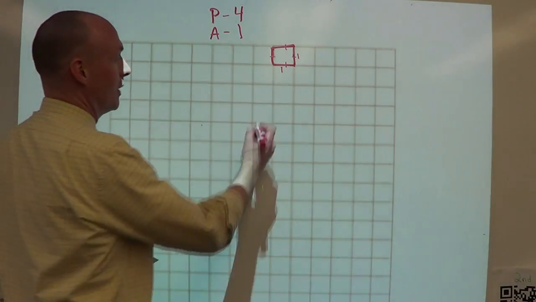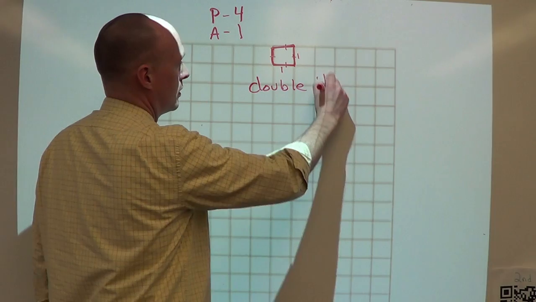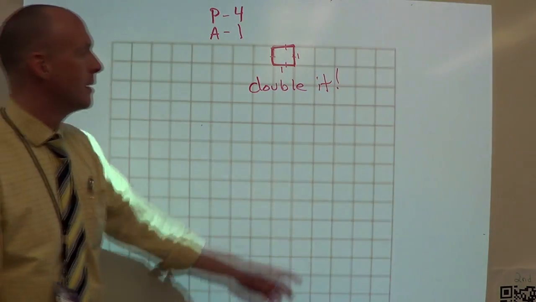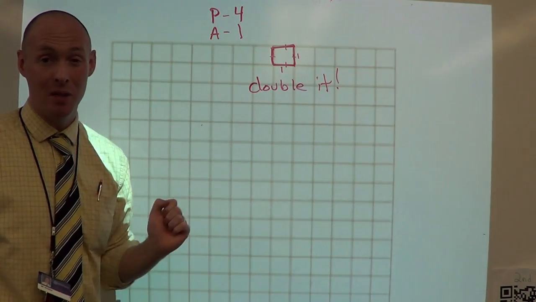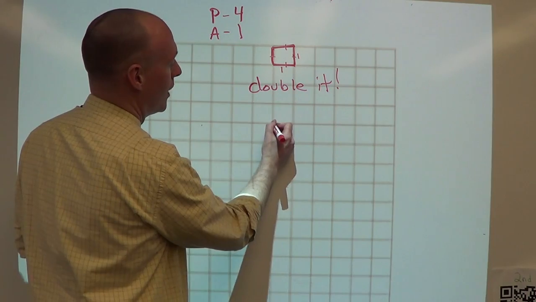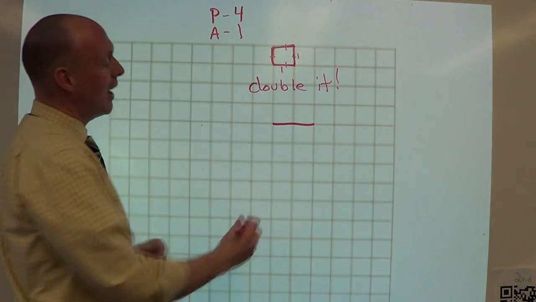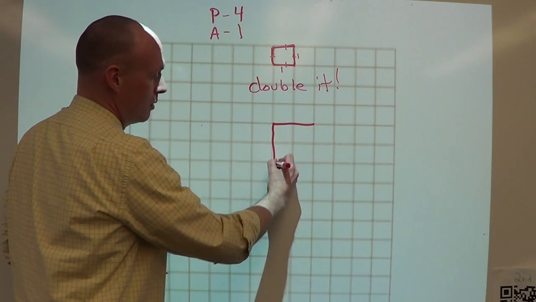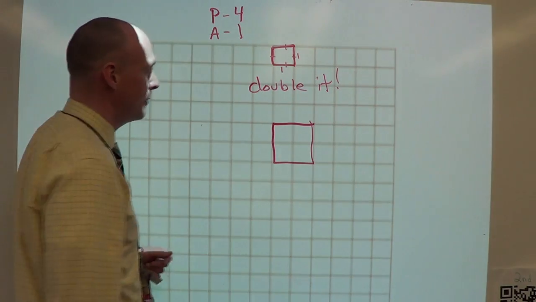Okay, but what if I double it? What if this little 1 by 1 unit square, I double? Let's see what happens. So instead of the top being 1, top is now going to be 2. 1, 2. Instead of the side being 1, it's going to be 1, 2. My bottom is 1, 2. The side is 1, 2. Perfect.